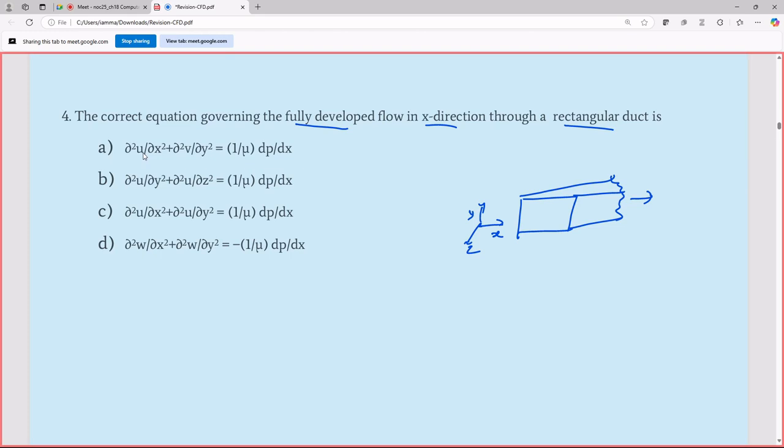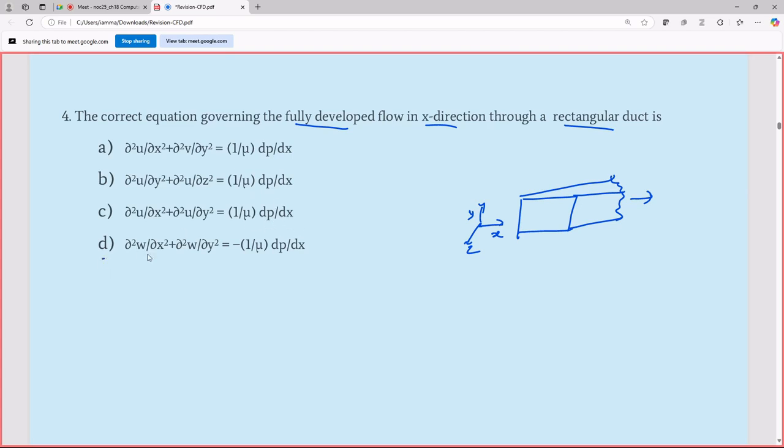Options are: option A, dou square u by dou x square plus dou square v by dou y square is equal to 1 by mu times dou p by dou x. B is dou square u by dou y square plus dou square u by dou z square is equal to 1 by mu times dou p by dou x. Option C, dou square u by dou x square plus dou square u by dou y square is equal to 1 by mu times dp by dx.